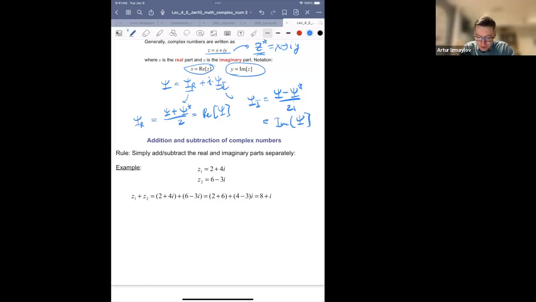The only thing you cannot do with complex numbers, which you can do with real numbers, is compare them. Like you cannot say whether this is bigger than this or not, or the other way around, right? Because it's not a defined procedure. Yeah, but other operations like addition and multiplication and the inverses of those are well defined.